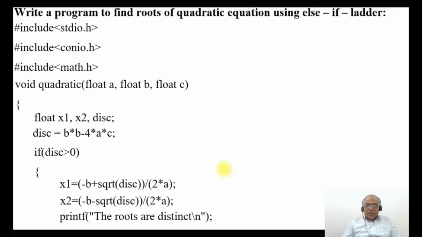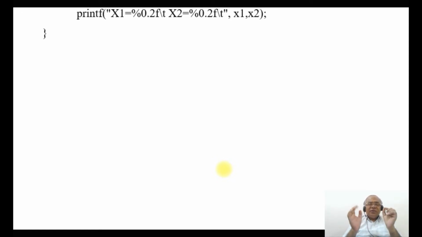So printf x1 is equal to percent 0.2f backslash t. This controls the number of digits after the decimal point. Since we are giving the tab, x2 will also be on the same line, x2 is equal to percent 0.2f backslash t, and the values we print are x1 comma x2.